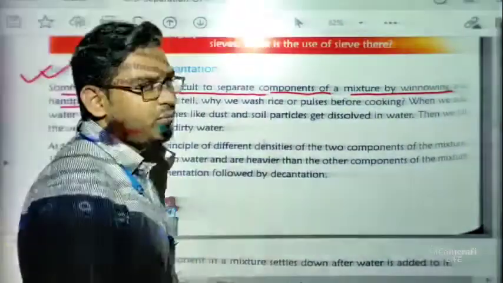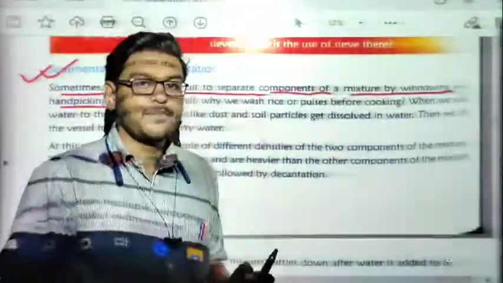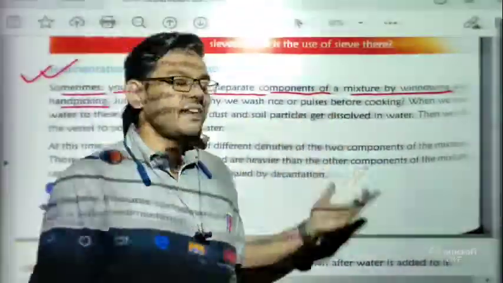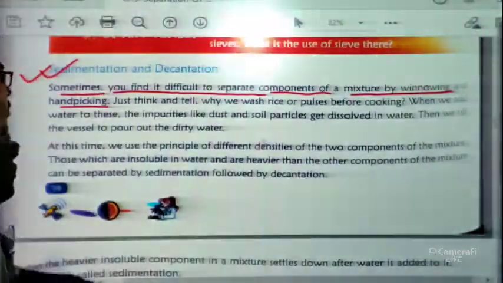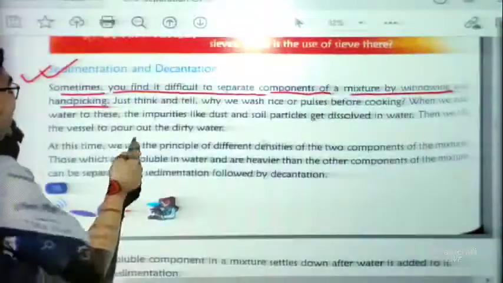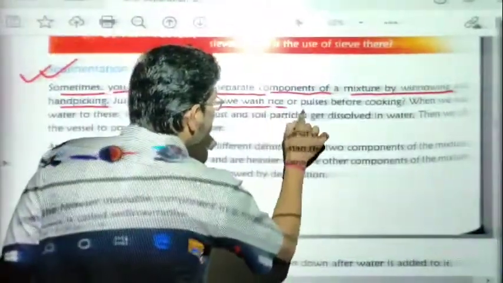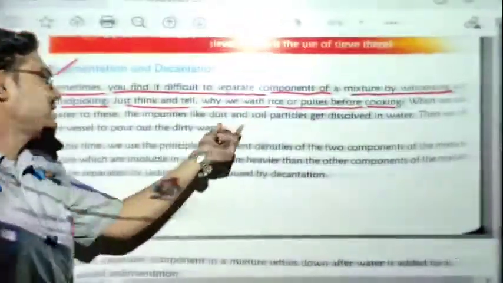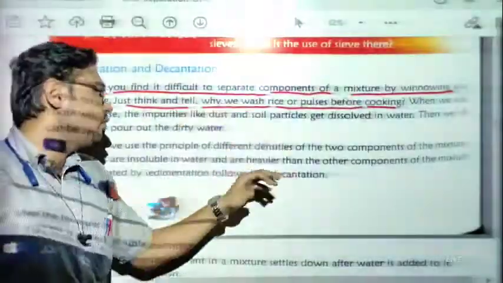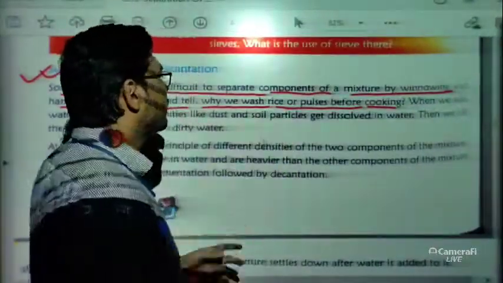Hand picking is only possible when the components are a little bigger, and if there is no air, we can't perform the winnowing method. In that case, just think and tell why we wash rice or pulses before cooking. You might have seen that we regularly wash the rice or pulses before cooking.